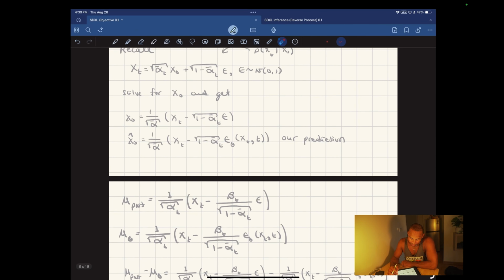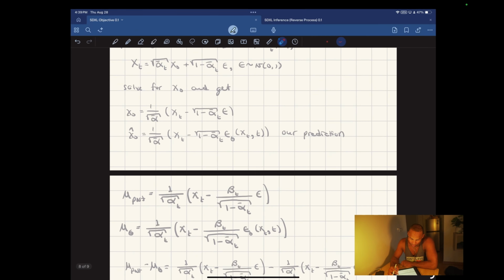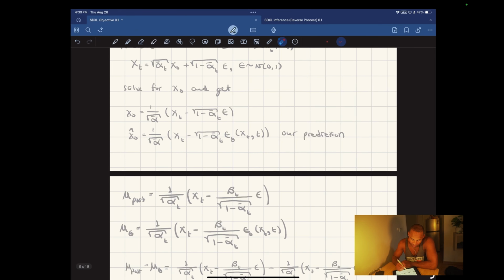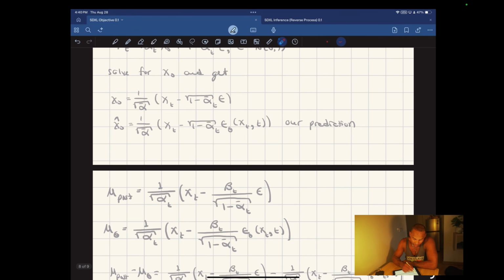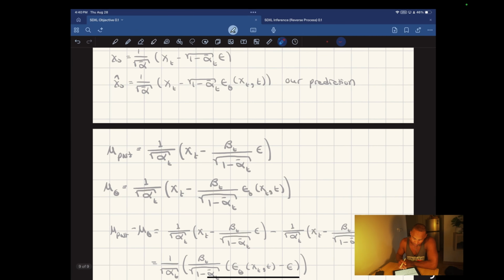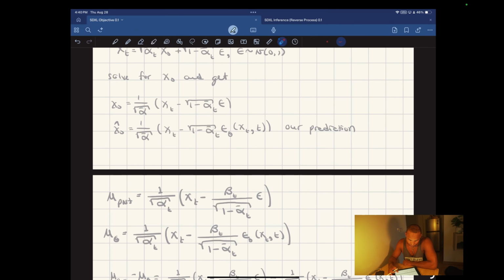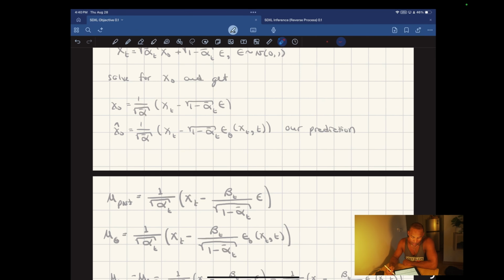So remember, there's an equation for mu that's based on x naught, and if we substitute in x hat naught, we'll get... and if we substitute in this for x naught, we can parameterize mu in terms of epsilon.